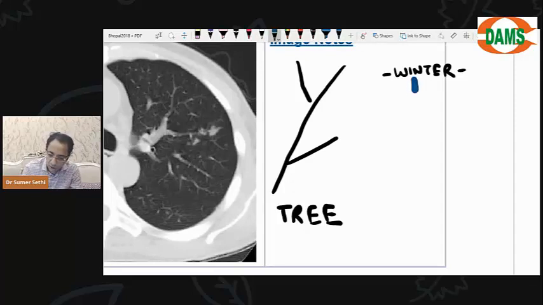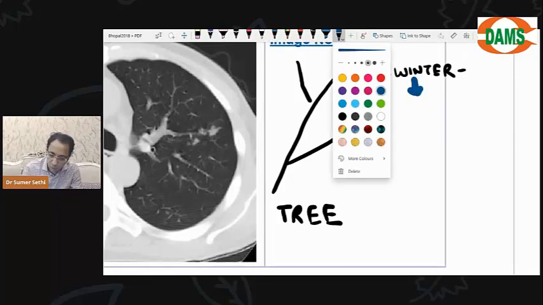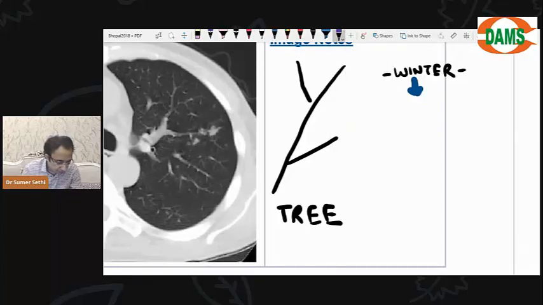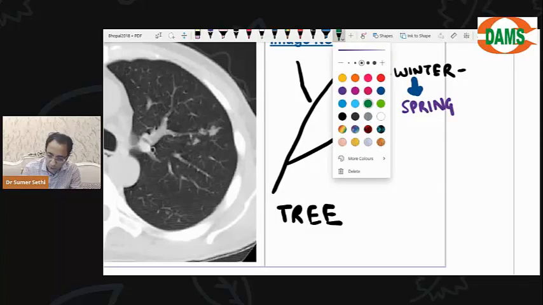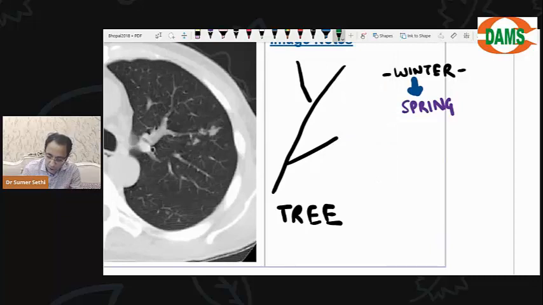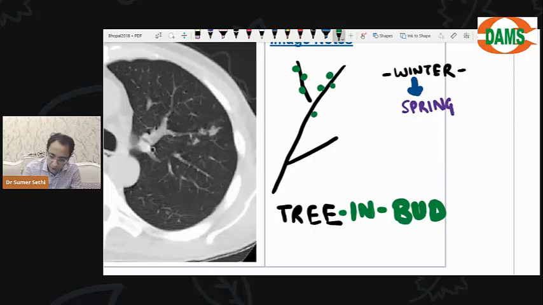Okay, now tell me, what season comes after winter? That is spring. What happens in spring? In spring the tree will start to bud, and you will start seeing small leaves coming out of these branches.